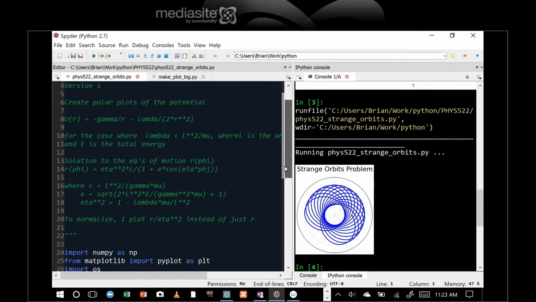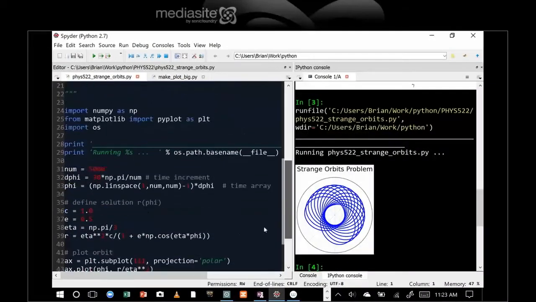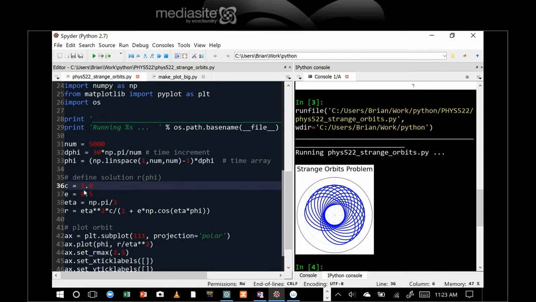I create values of phi, 5,000 points, going from 0 to 30 times 2 pi, so it goes through a circle 30 times. The reason I do that is because the orbits are going to precess. Then I take c equal to 1 and epsilon equal to 0.5. That's an ellipse.